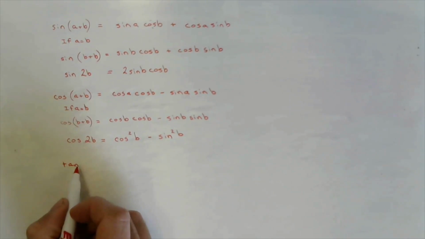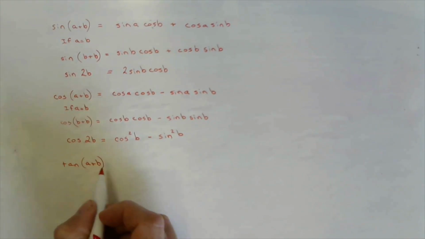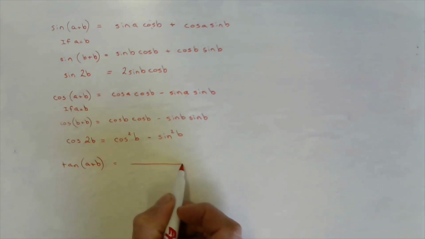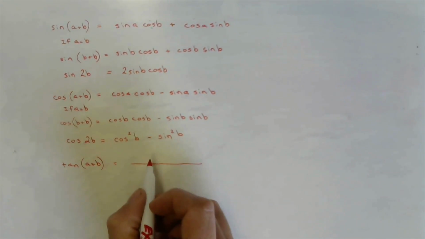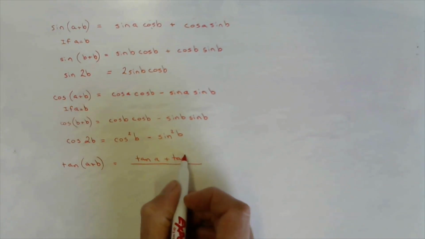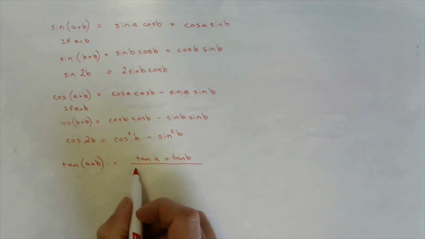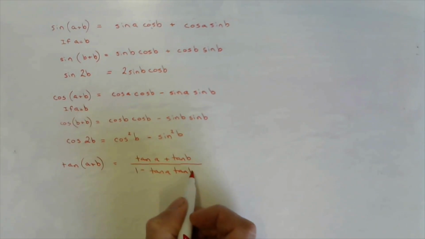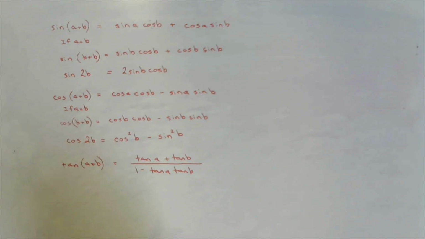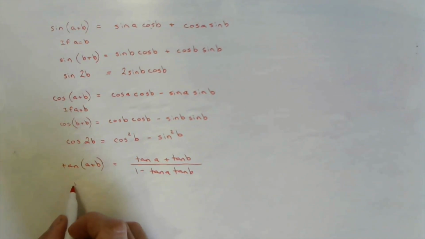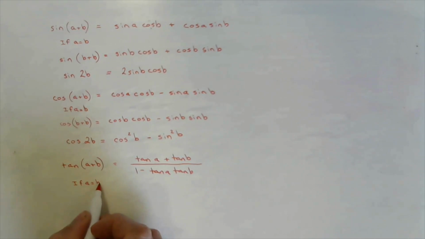Last one is the tangent. We have the tangent of A plus B, which is kind of awkward. Draw your line first, and then in the numerator, you have the tangent of A plus the tangent of B. In the denominator, you have 1 minus tan A tan B. Well, what if A equals B? If they're the same angle, if it's a double angle.